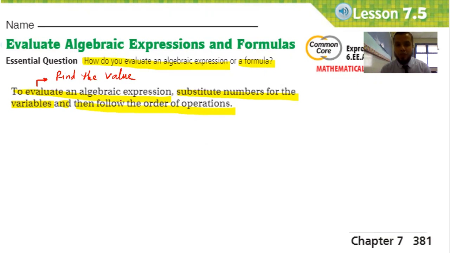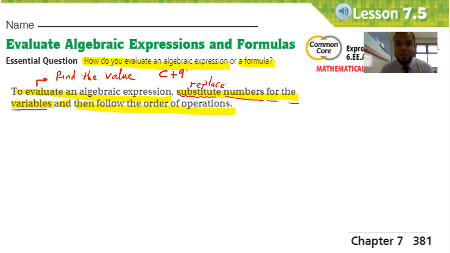Of any algebraic expression, for example, like c plus 9. To find the value of c plus 9, you need to substitute. Here, the meaning of the word substitute is replace. Replace numbers for the variables.